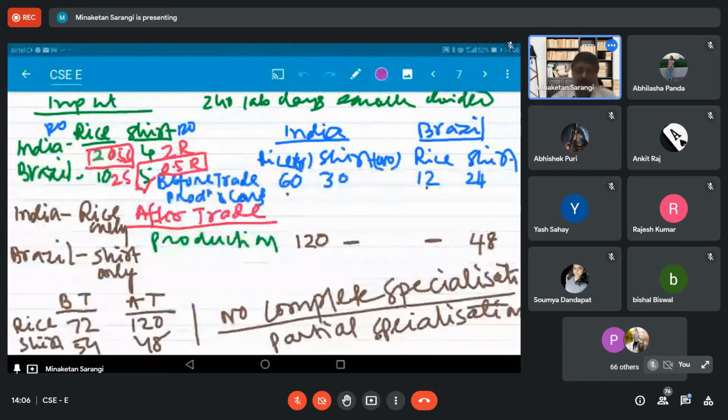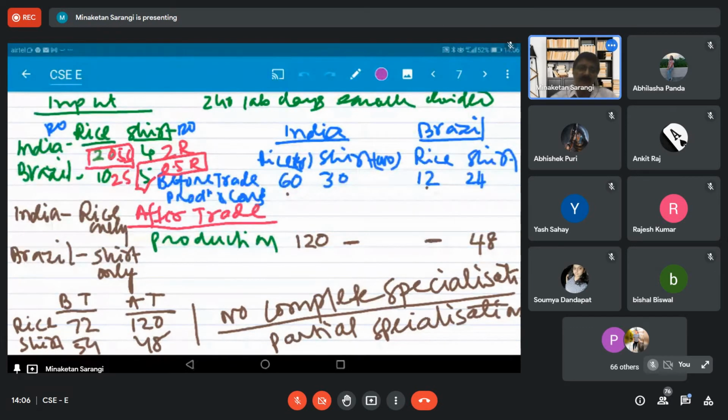The example we have taken: two countries, India and Brazil, two products, rice and sack. Input matrix given: India requires 2 labor days to produce 1 kg of rice, and Brazil requires 10 labor days to produce 1 kg of rice.